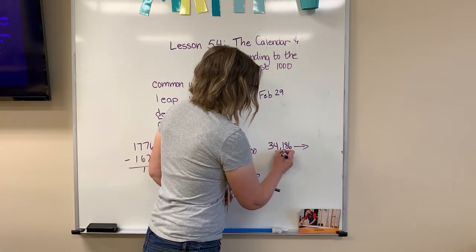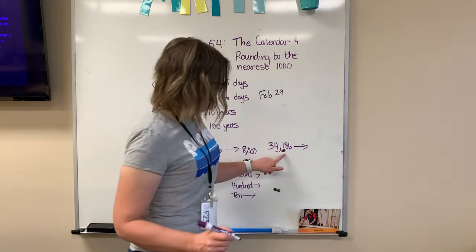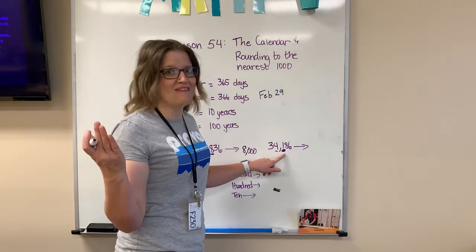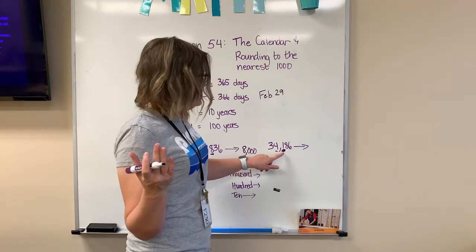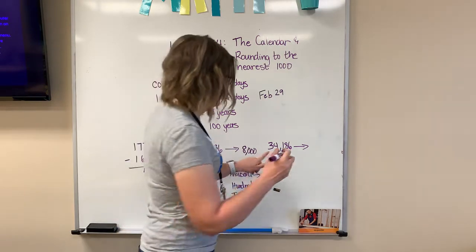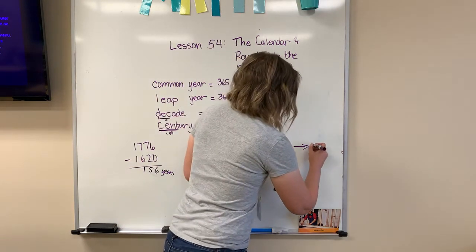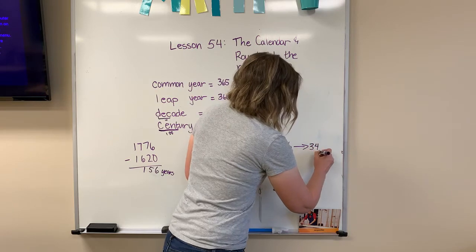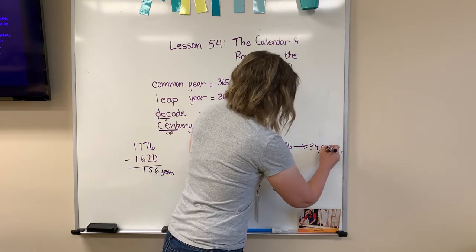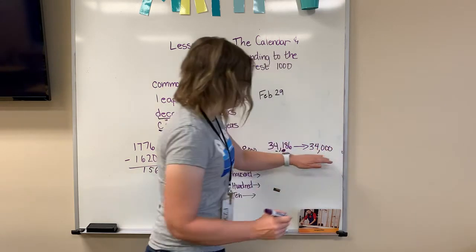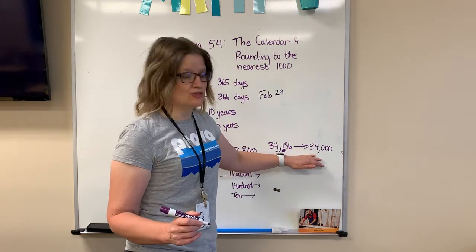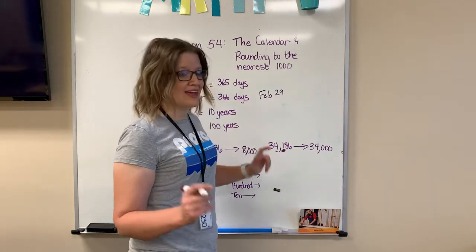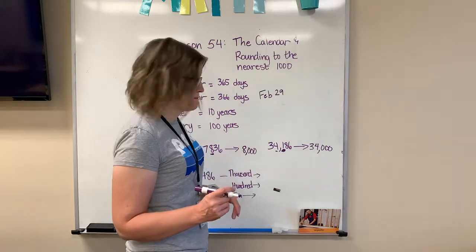We're looking at our 1, and we say to ourselves, 1, definitely less than 5. So we keep this the same. We say 3, and then we keep our 4, and we change these 2 zeros, because 34,000 is the closest in thousands if we were to look on a number line.